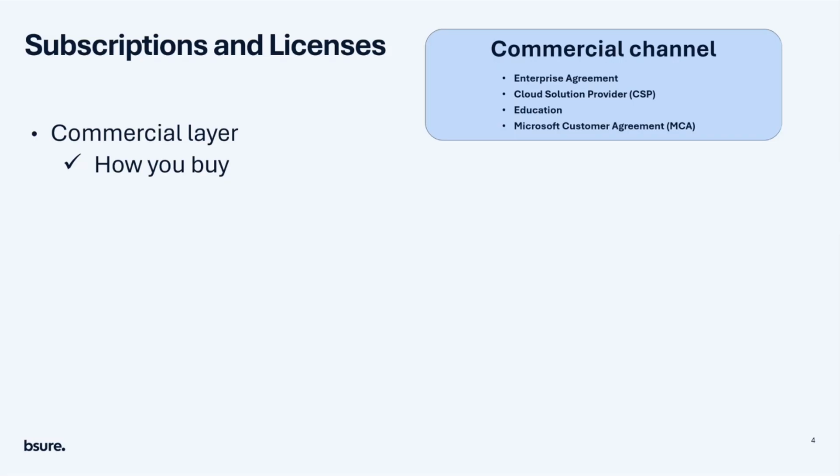Education and academic licenses have their own channel, and you can also buy directly from Microsoft by using the Microsoft customer agreement. So these are some of the channels. There are some others as well, but these are the most common ones.